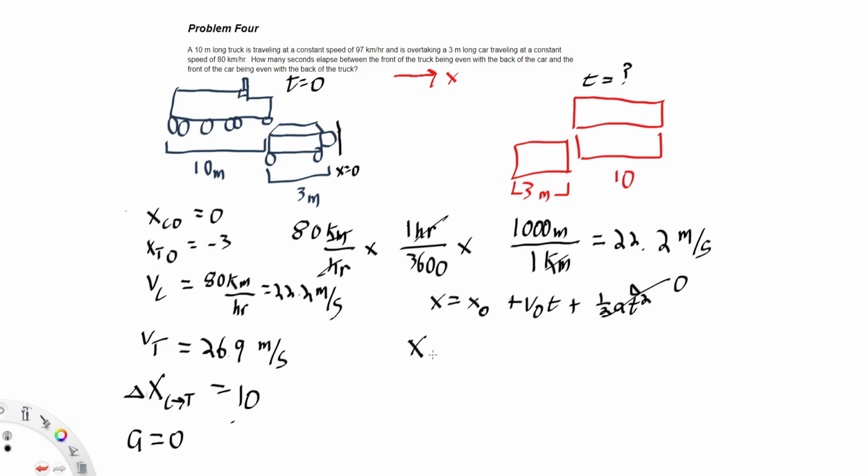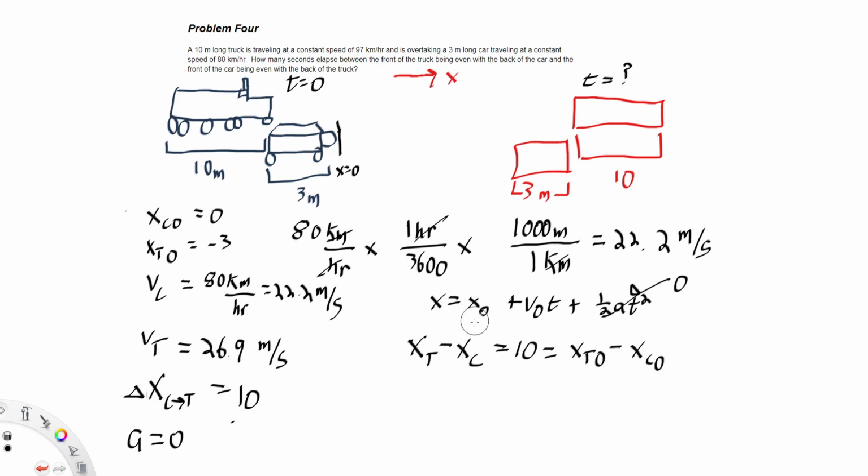So we have the position of the truck minus the position of the car is equal to 10, but that's also equal to the difference in the initial positions minus the velocity of the car, or sorry, let me, right, we're doing truck position minus car position.